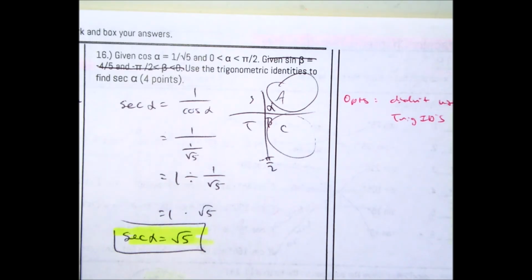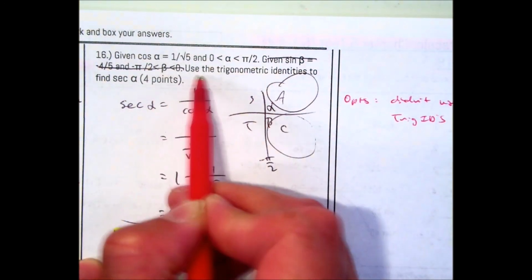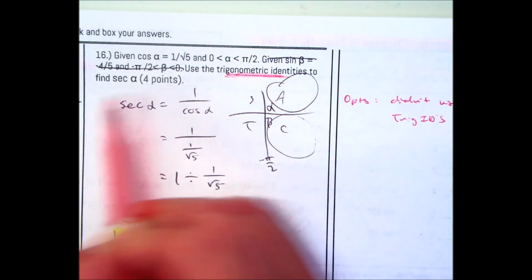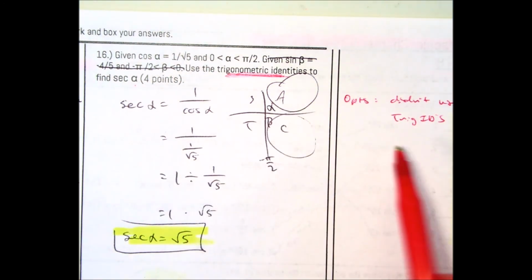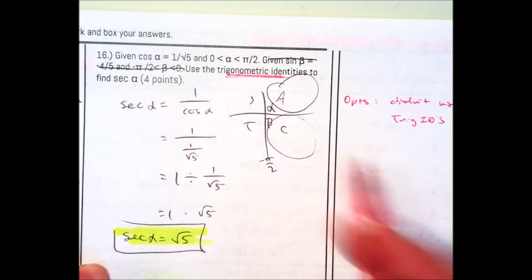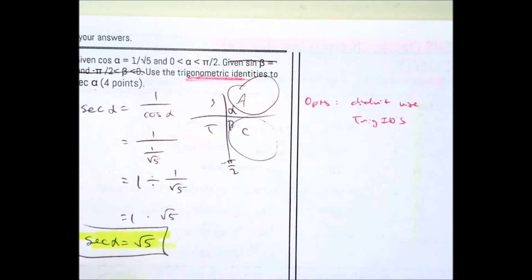Question number 16. Given alpha and then given beta, use the trig identities to solve for secant of alpha. Okay, this is very similar. Now, if you solve this problem using x, y, and r, I give you 0 points because it tells you use trig identities.